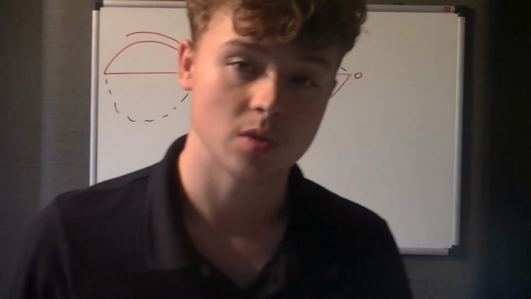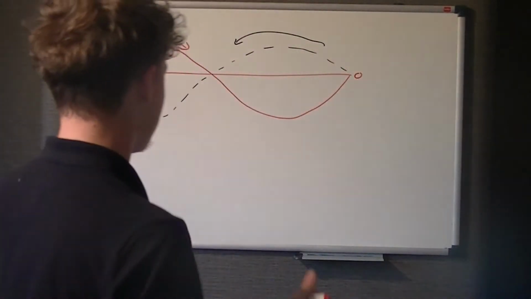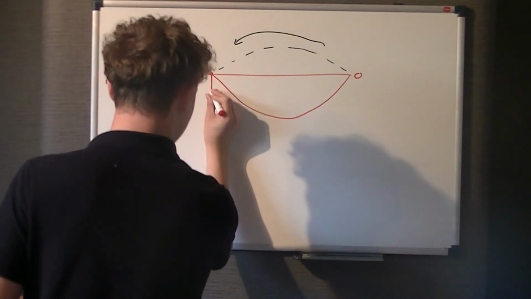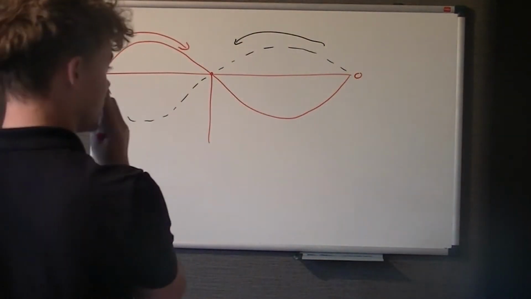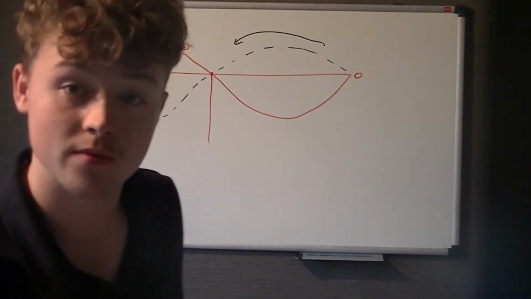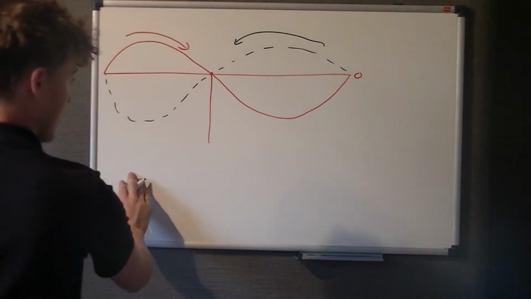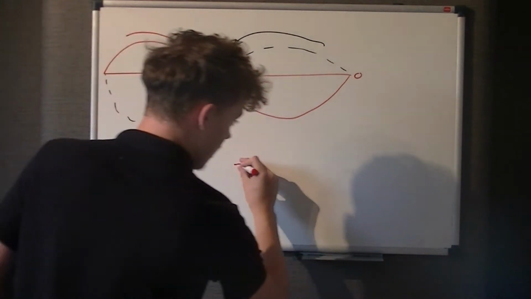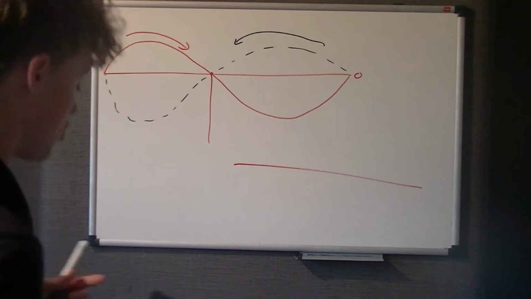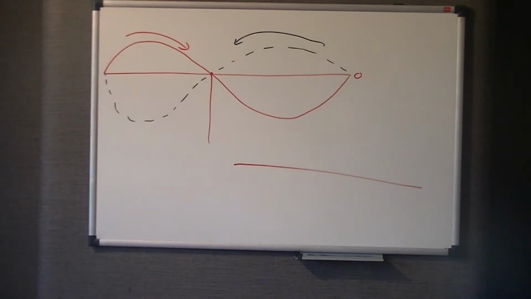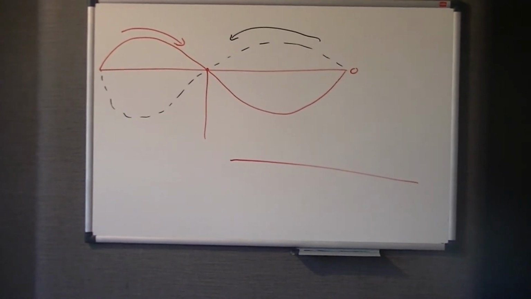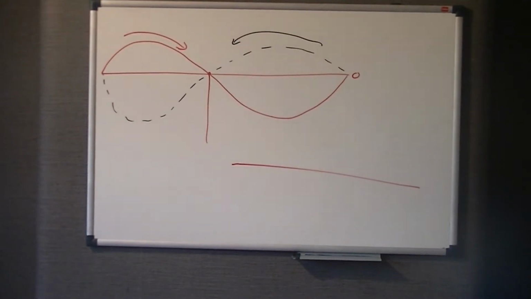Now, a node is where there's no displacement, so this is a node here, where they intersect. Two progressive waves form a stationary wave, which just looks like a straight line. To emphasise it, I'm demonstrating how that stationary wave at the bottom comes about, because if I just drew that straight line, you wouldn't know what I'm on about.